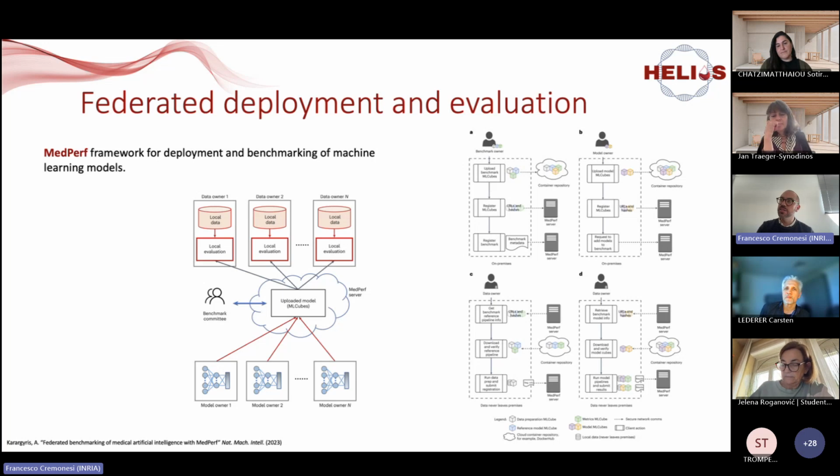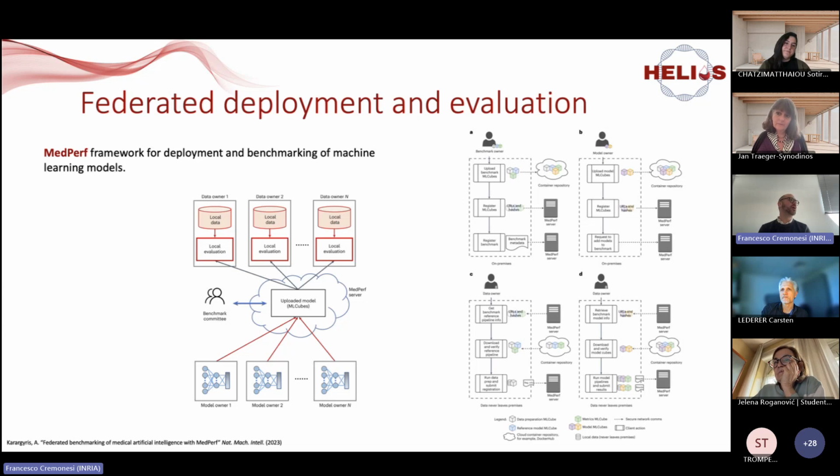There are additional ways in which you can develop or think about federated approaches that are not specifically federated learning. We've talked about analytics, but there's also the idea of simply doing federated deployment of models.